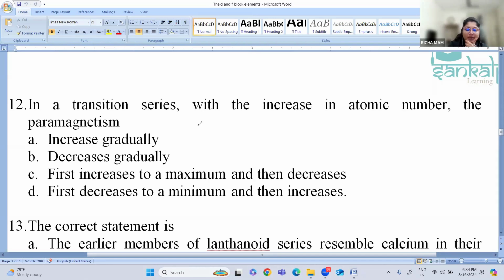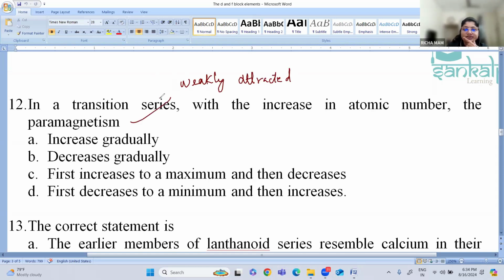These are the forms of magnetism. Now what happens here? Some of the materials are weakly attracted by the external magnetic field.